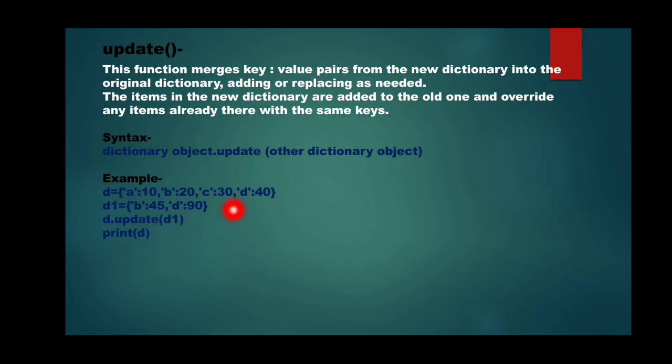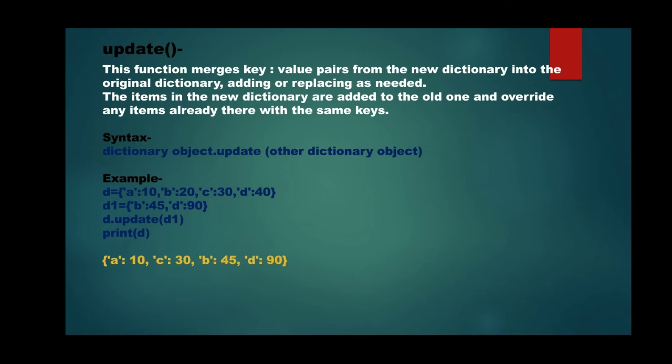So this 20 value will be changed to 45. In the same way, D1 contains a key D, which is already there in the D dictionary. In D its value is 40, but in D1 it is 90. So the D value, that is 40, will be replaced with this new value 90. Now you can have a look at it.